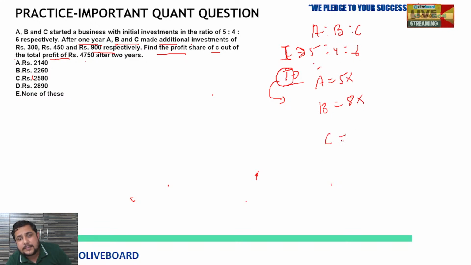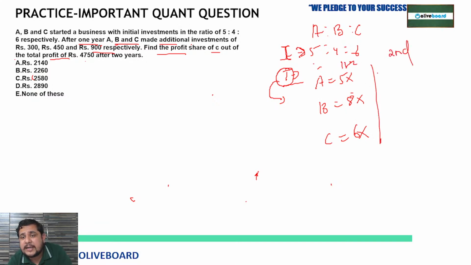C invested 6x. Okay, for 1 year. Then for second year, how much? A invested 5x, same amount plus 300 rupees. Then B invested 8x plus 450. C invested 6x plus 900. Clear? So this is the total investment.